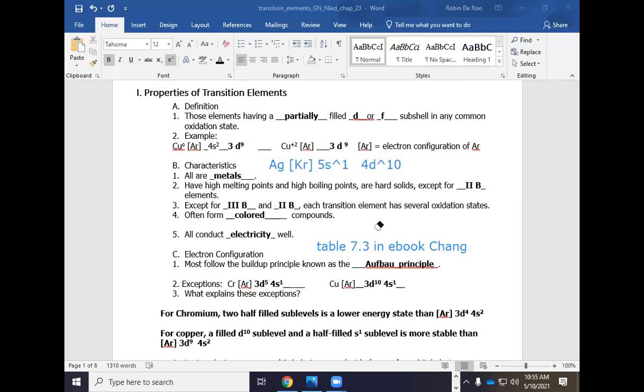So that includes xenon, and then 6s1, 4f14, and then 5d10. Okay.